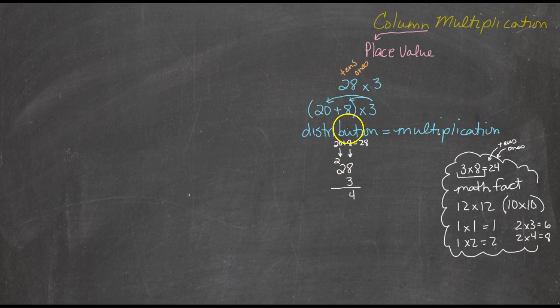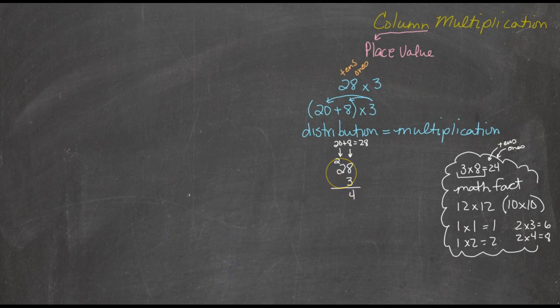Okay, now how do I deal with that? Well, I finished multiplying the 3 times the 8. Now I want to multiply the 3 times 2. So 3 times 2 is 6. But remember, I have this carryover here. So 3 times 2 is 6 in the tens column, meaning 60, and I want to add to that the 20.